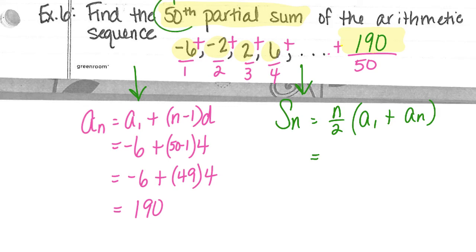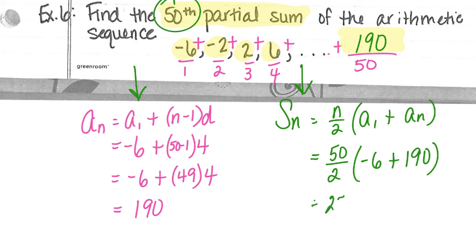It told us in the question that we have 50 partial sums, so we're adding all these 50 numbers together. My first number was negative 6. My last number was 190. So I'm going to take 190, subtract 6, and multiply that through by 25. And it looks like I end up getting 4,600.